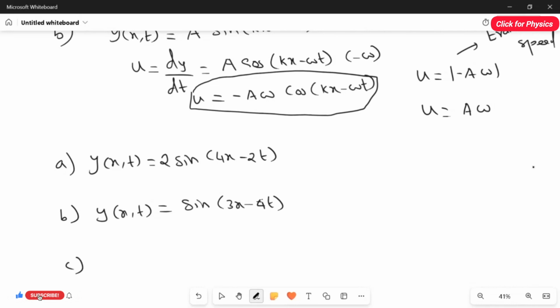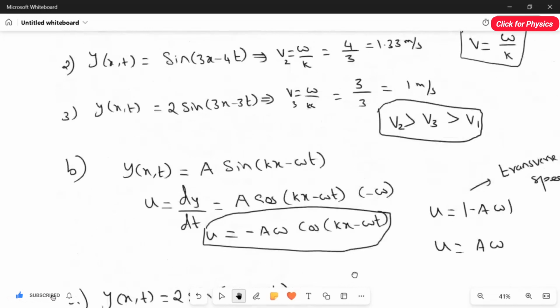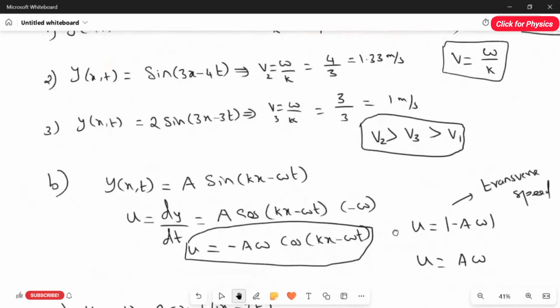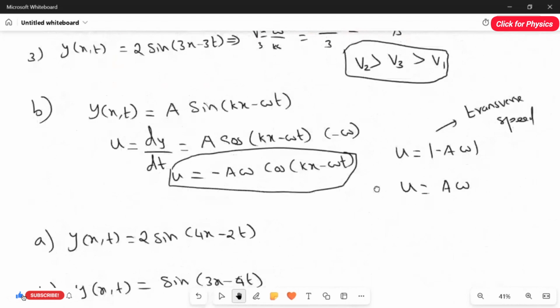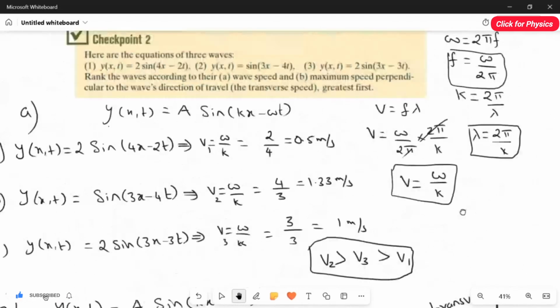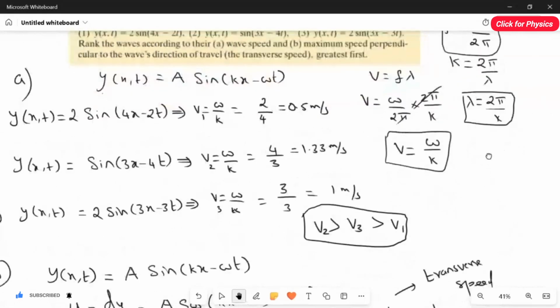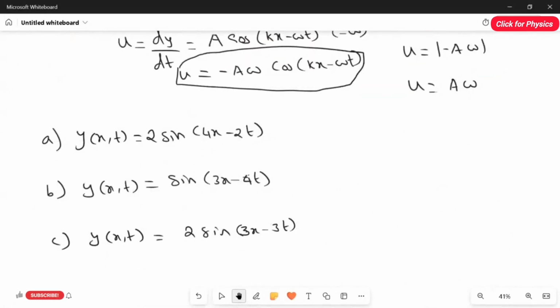And the third given equation is y of x comma t equal to 2 sine 3x minus 3t. So let's confirm: 2 sine 4x minus 2t, right? Then the second one is sine of 3x minus 4t, correct? The third equation is 2 sine 3x minus 3t. I hope all these three equations we wrote correctly, right?